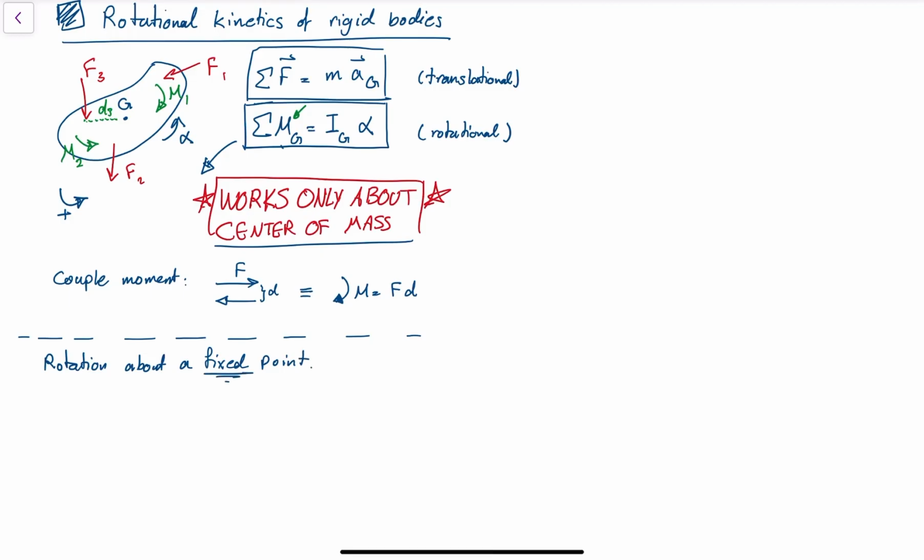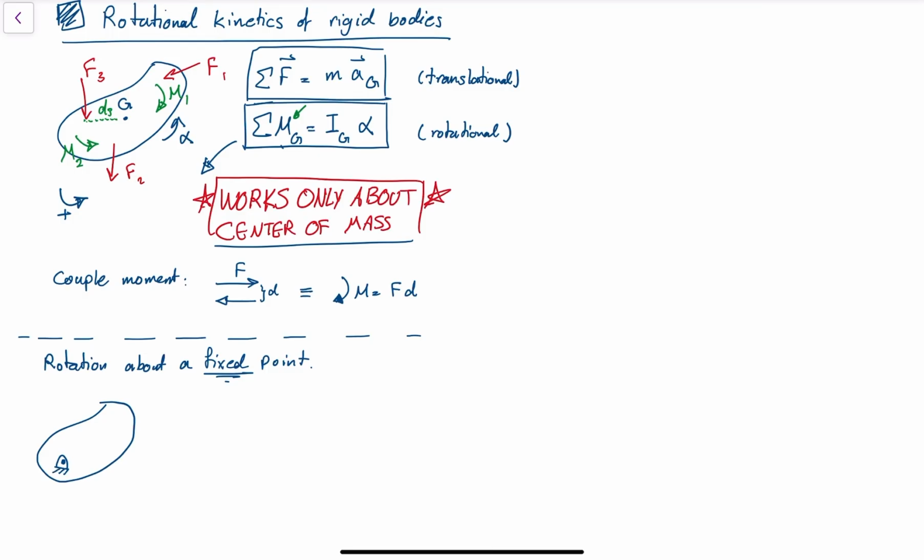If you have a point on your body that has zero velocity, that includes a point that is fixed in space like a hinge, or it can also work for the instantaneous center of rotation. In that case, when you have a fixed point, you can also, again, proof in the textbook, calculate your moment. Let me draw a figure so we know what terminology we're using.